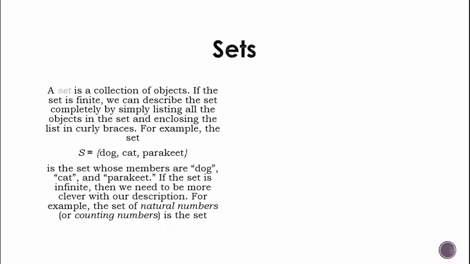But say that a set is infinite, then we need to be more clever with our description. Take, for example, the set of natural numbers, or as you may call them, the counting numbers.